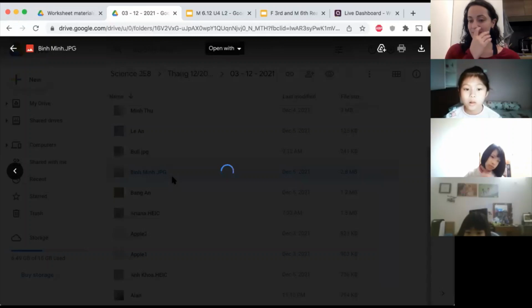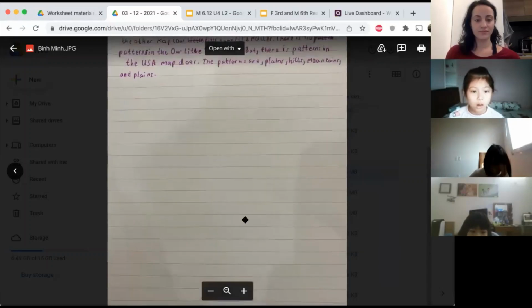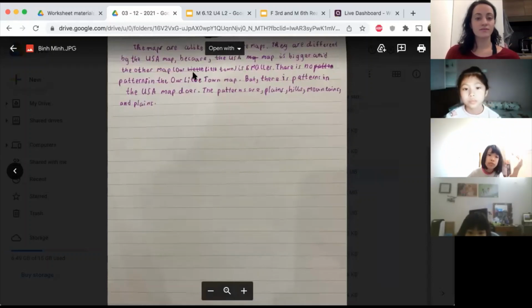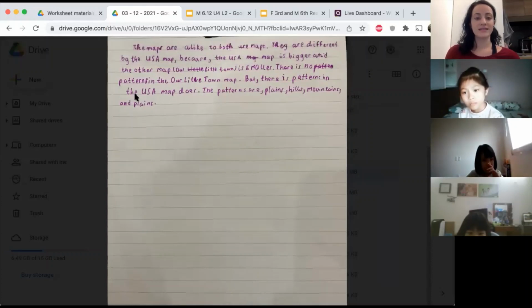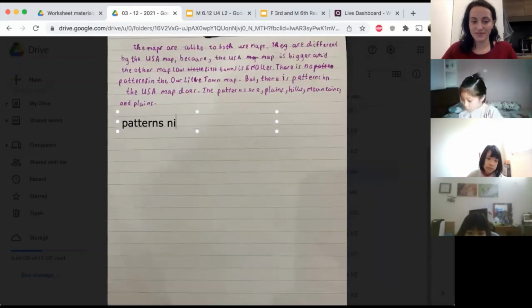Bing Ming. The maps aren't alike, they're different. There are definitely patterns. There are patterns in the land, but patterns in maps.